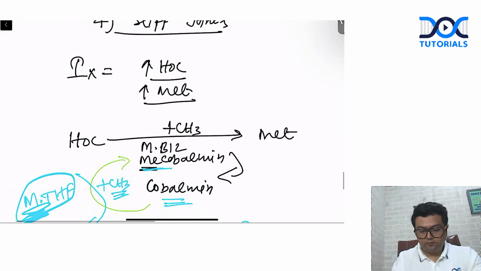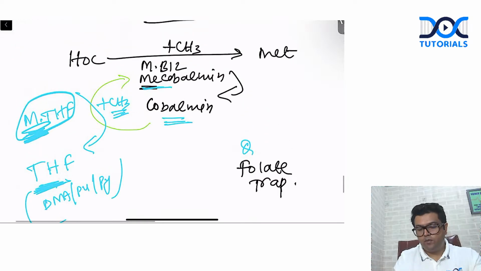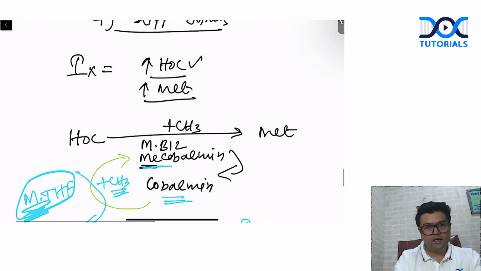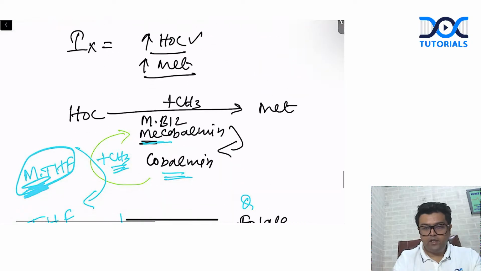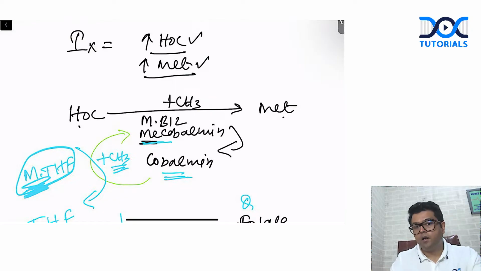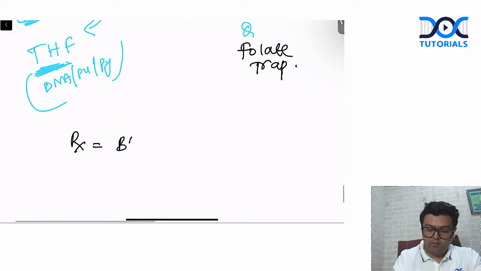So, guys, in the management, what will you be doing? You understand why homocysteine is increased: because the cystathionine beta synthase enzyme is missing. And why methionine is increased: because homocysteine starts converting into methionine. So in the management, you can give vitamin B6 because it will activate cystathionine beta synthase.